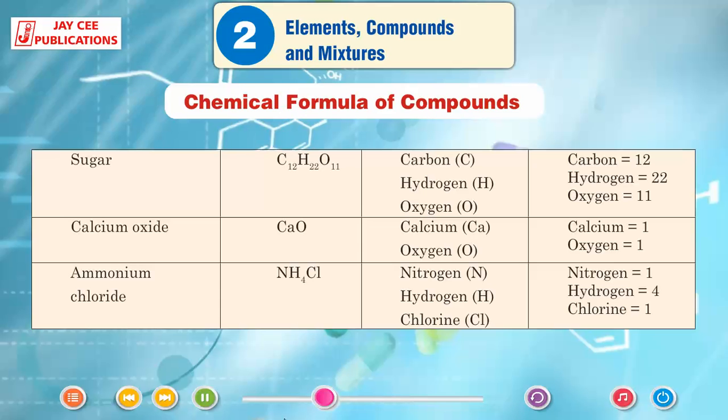Calcium oxide, CaO, calcium Ca, oxygen O, calcium 1, oxygen 1. Ammonium chloride, NH4Cl, nitrogen N, hydrogen H, chlorine Cl, nitrogen 1, hydrogen 4, chlorine 1.